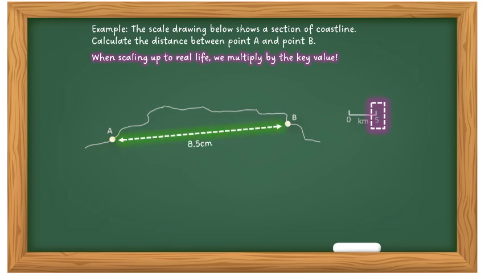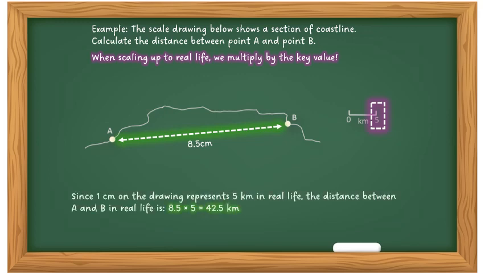All you do is measure with a ruler, and you can see the distance on the map is 8.5 centimeters. We then multiply that by the key value, which is 5. 8.5 times 5 is 42.5 kilometers. So when you're going from the plan to real life, you multiply by the key value.